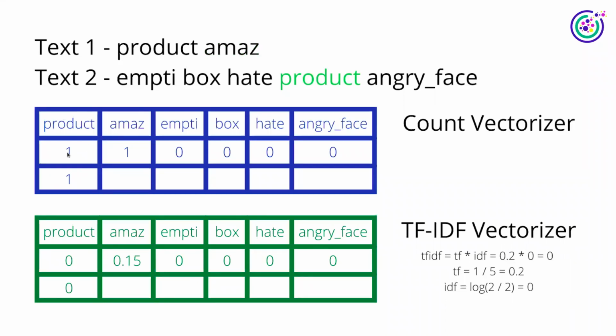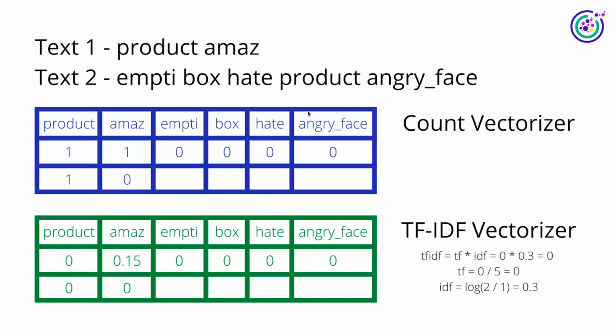For the first column, that is product: product occurs one time in text 2, so this becomes 1. As before, since product occurs in both sentences, the IDF value ends up becoming 0, but term frequency becomes 0.2, unlike before, which was 0.5, because this time product occurs one time in a sentence of length 5. So it becomes 0.2 times 0, that becomes 0.